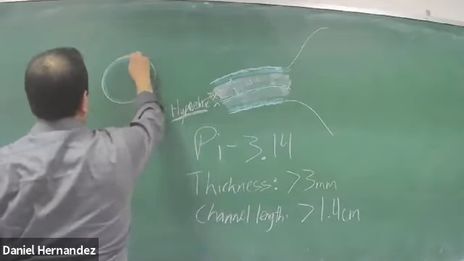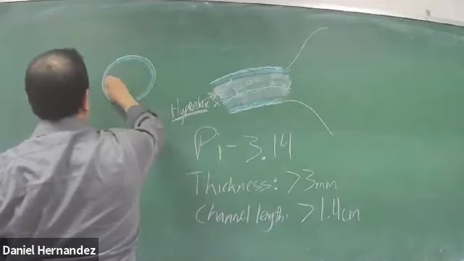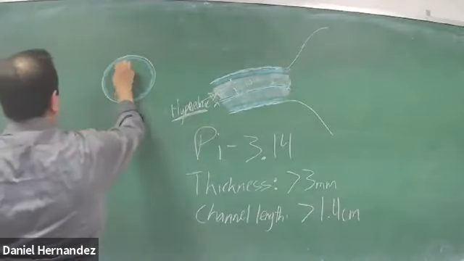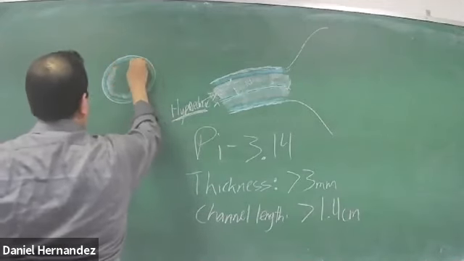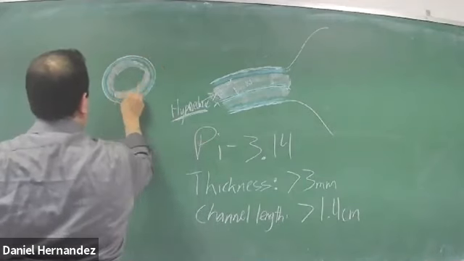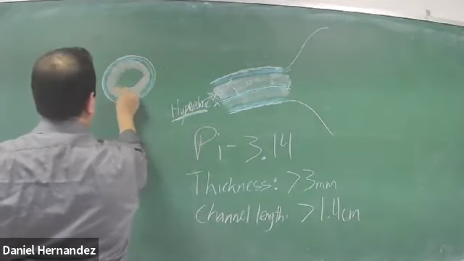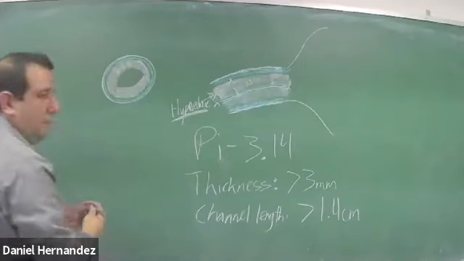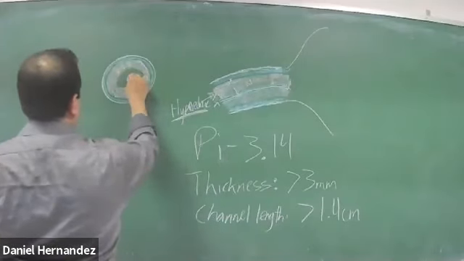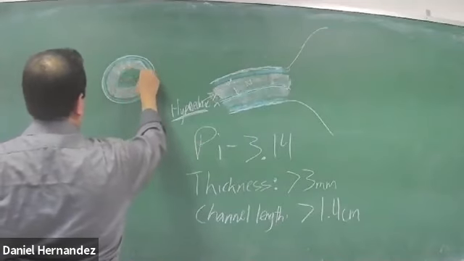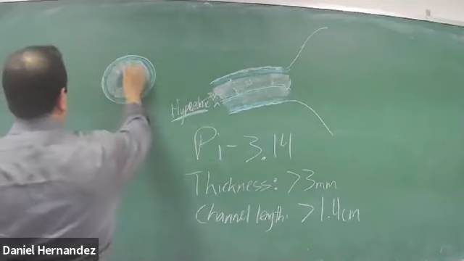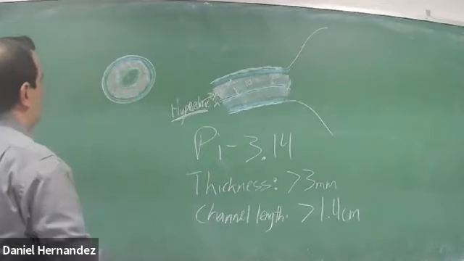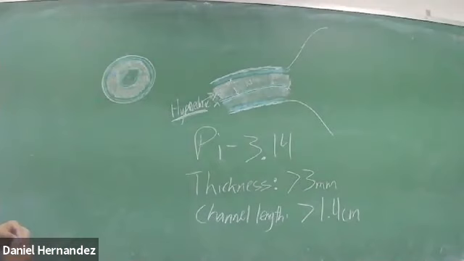So our transverse measurement is going to be our more accurate measurement. Again, you're going to try and measure the hypoechoic area.